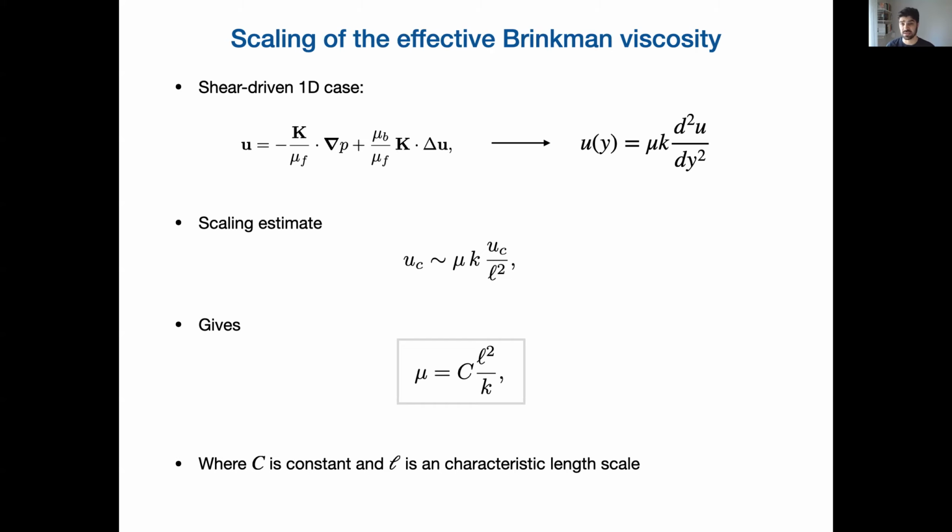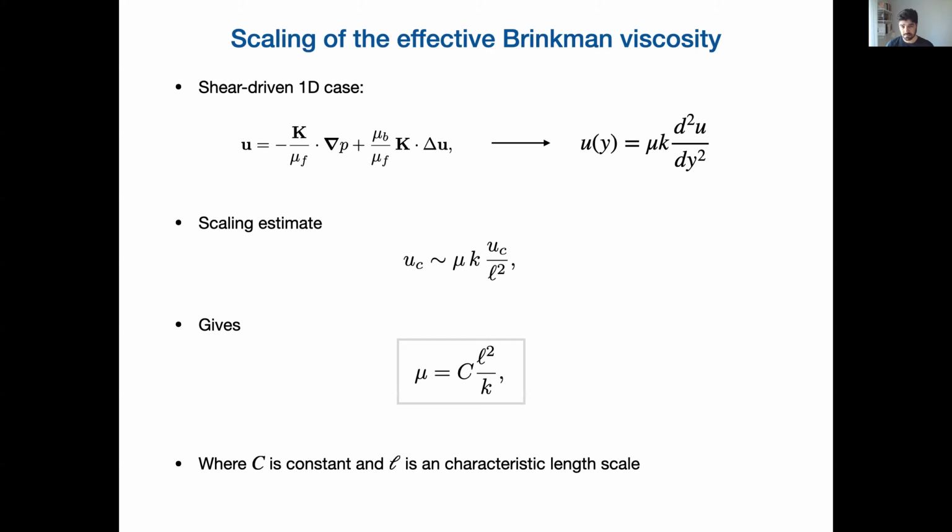So you just have basically u equals a coefficient multiplied by the second derivative of u with respect to y. Now we can introduce a characteristic velocity scale, uc, and a characteristic length scale for y, which is called L here. Then we can make the simple scaling estimate, as we can see in the expression in the center of the slide.